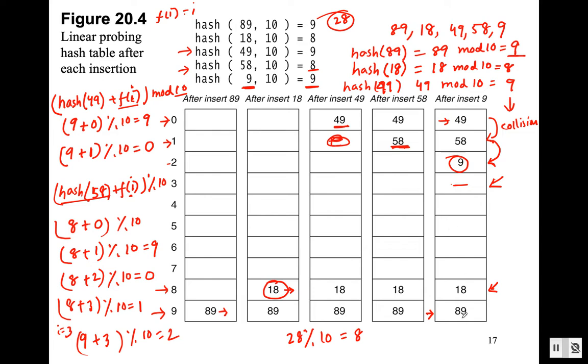So when we look for an item, we start from the cell that the hash value gives us.